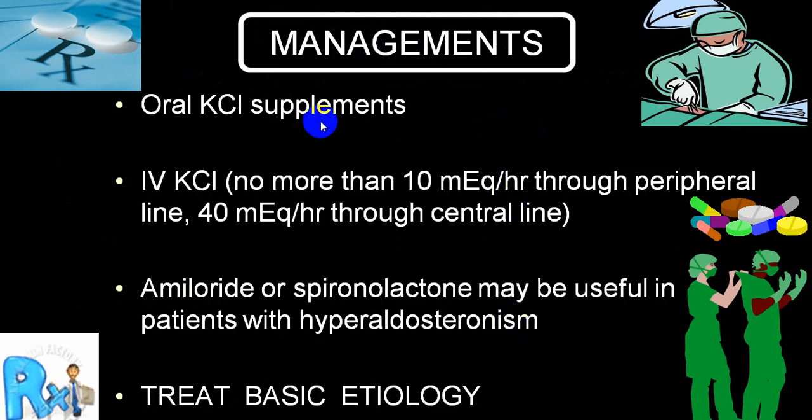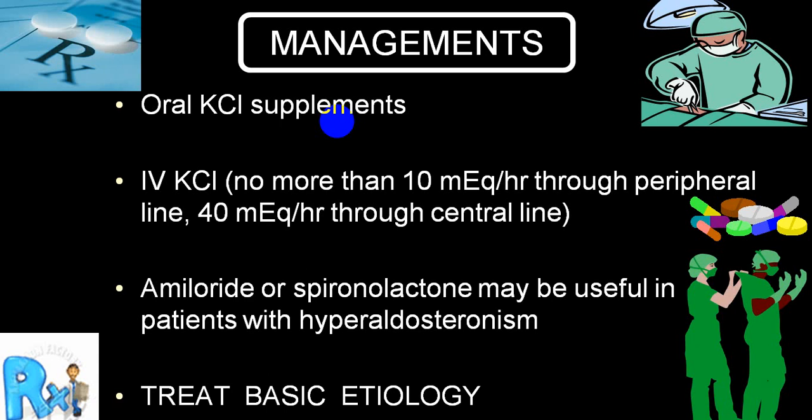While supplementing potassium, if the person is able to take orally, always oral is more beneficial. IV potassium chloride is given only if the person is having ECG changes or life-threatening cardiac arrhythmias.